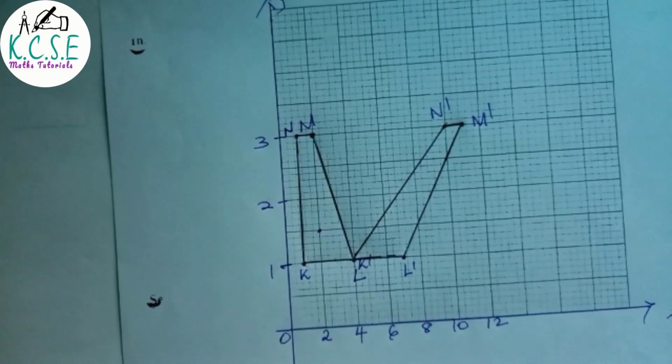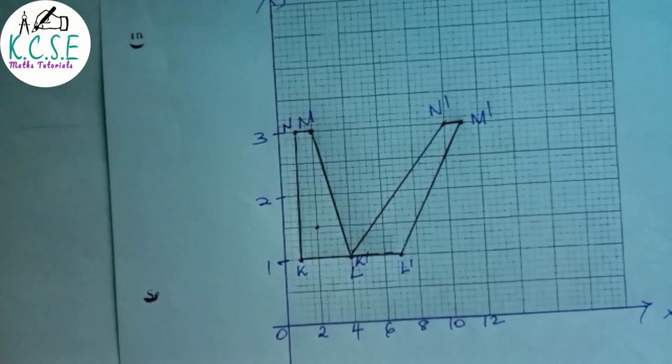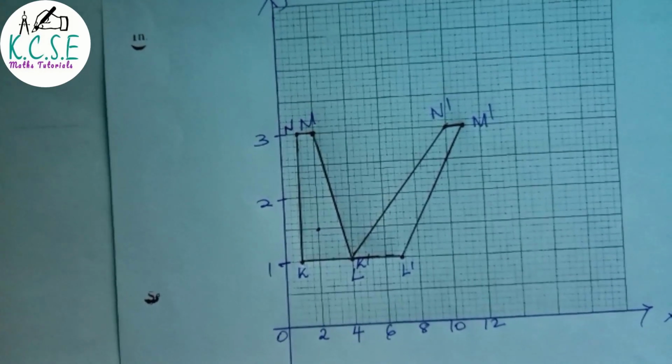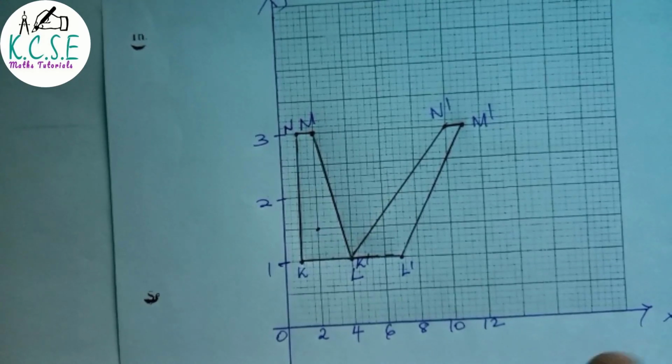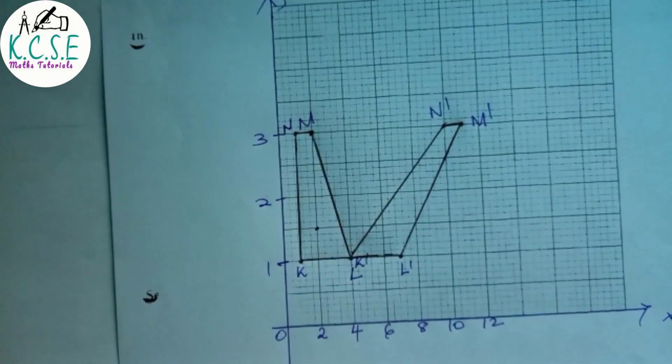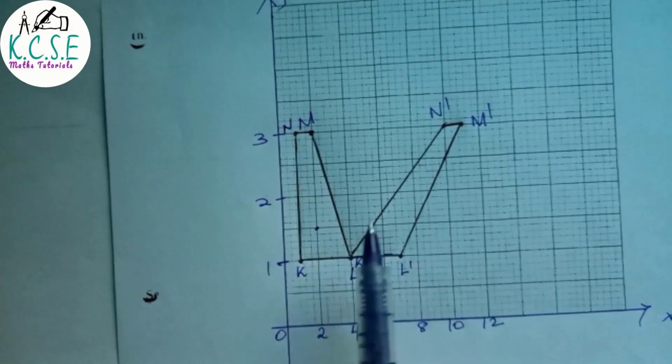We have rotation, we have enlargement, we have translation, all the transformations we learned in Form 2 and Form 4. So just go through them one at a time, looking at this object and the image. And upon that check, there's something that you notice.